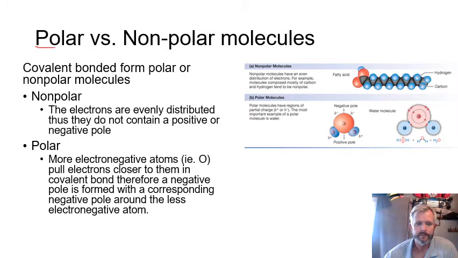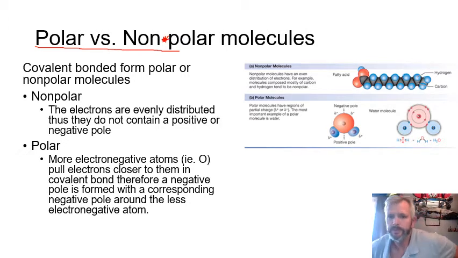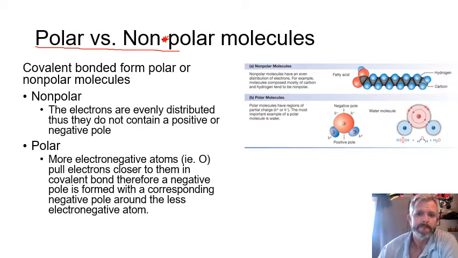I have this in 2 places, polar and non-polar, because we're going to be using this terminology. So I want to make sure you get this terminology down, and the concepts behind it. When we say non-polar, the electrons are evenly distributed across the molecule, so there is no negative side and positive side of the molecule.